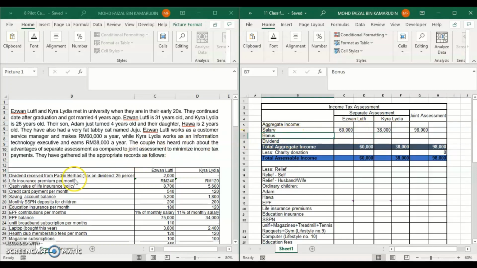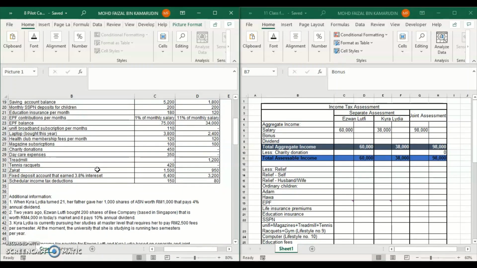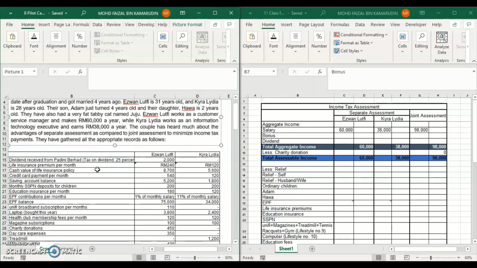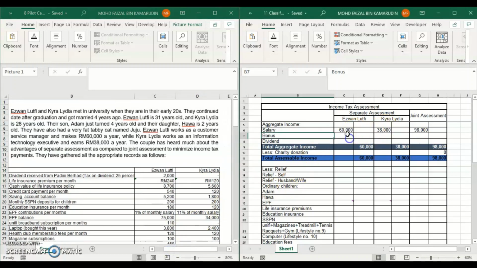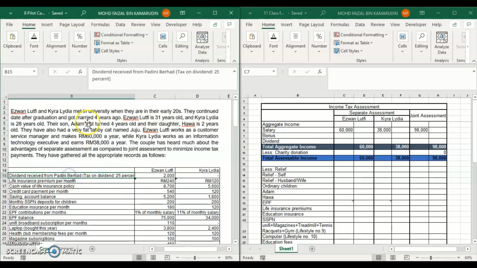So bonus, let's check whether they are receiving any bonus or not. It seems that there is no bonus for this couple this year, just an illustration. If you have bonus, obviously you have to include it as well. Dividend, yes, we have dividends here. But be careful, only dividend received from the stock market is taxable.